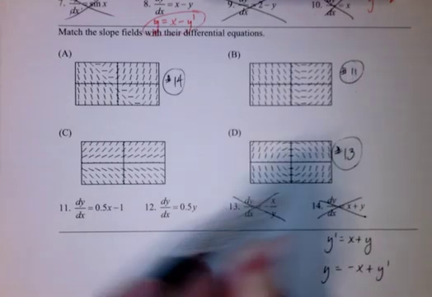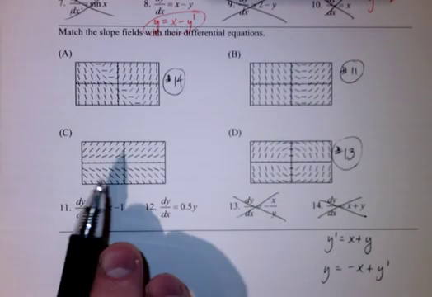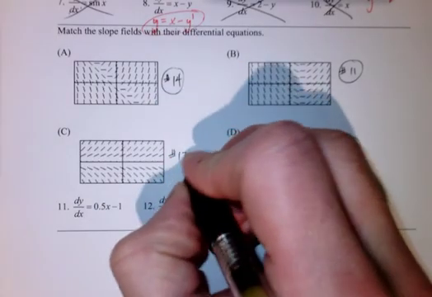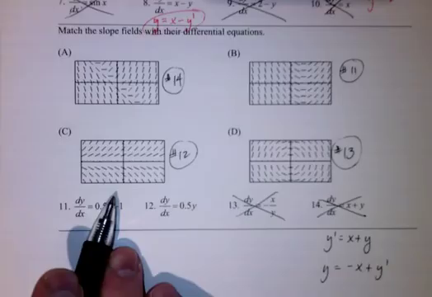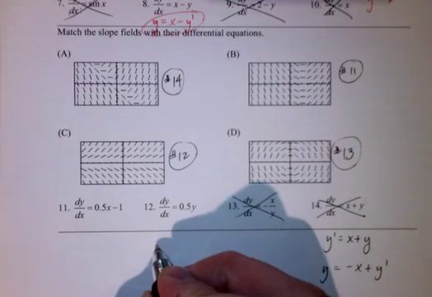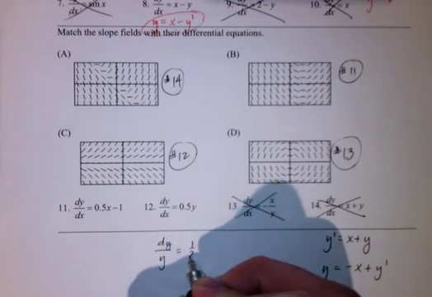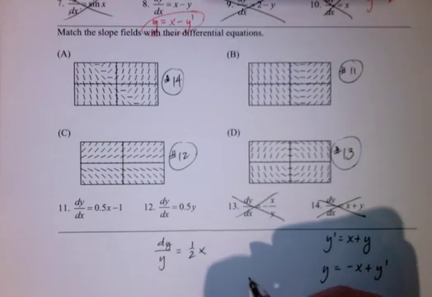Okay, and same thing here. This is number 12. It is wholly dependent upon y, okay, and it almost looks exponential. Because it is, okay? If I were to separate the variables, it actually separates like that.